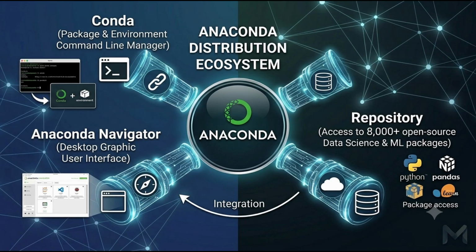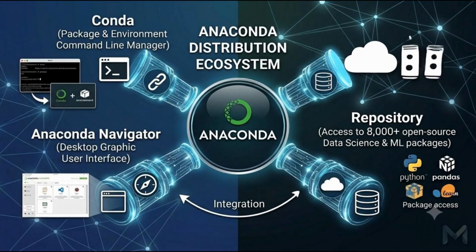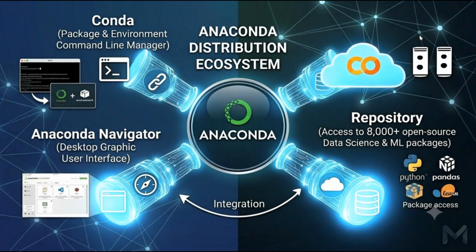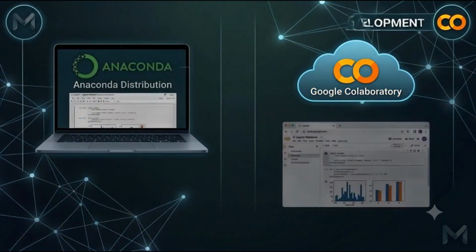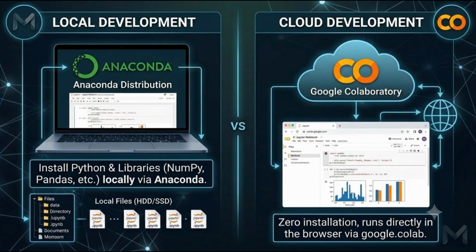But raw Python by itself doesn't contain machine learning algorithms. For that, we rely on a highly specialized ecosystem of open-source libraries. To make installing these tools painless, data scientists use the Anaconda distribution. Think of Anaconda as a pre-packaged digital laboratory.